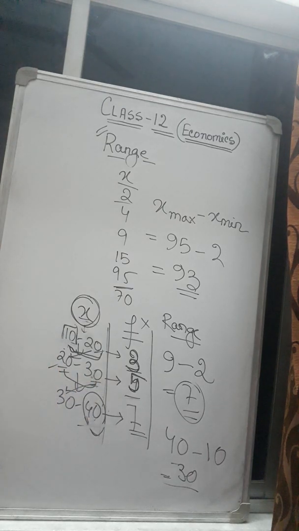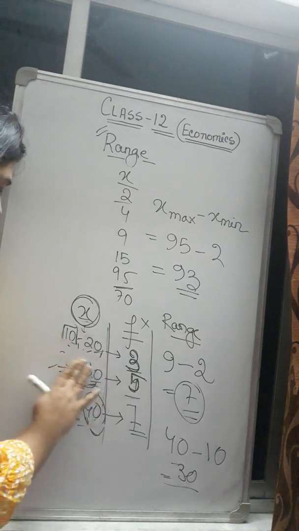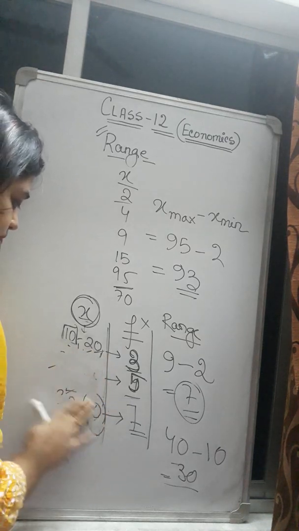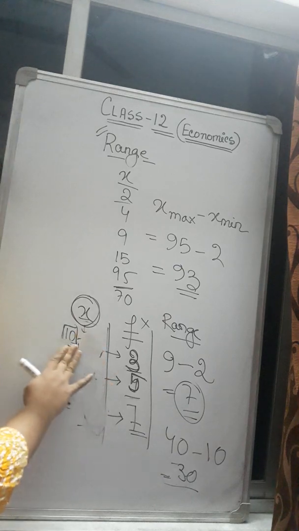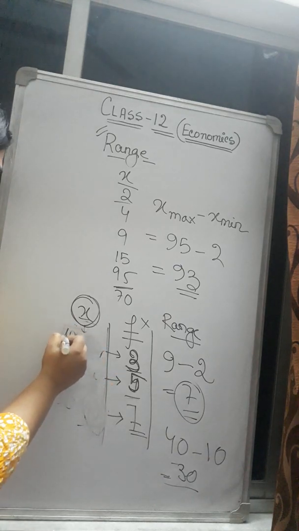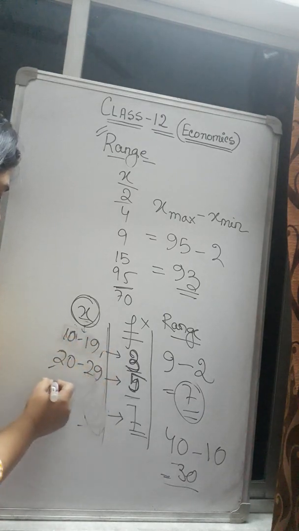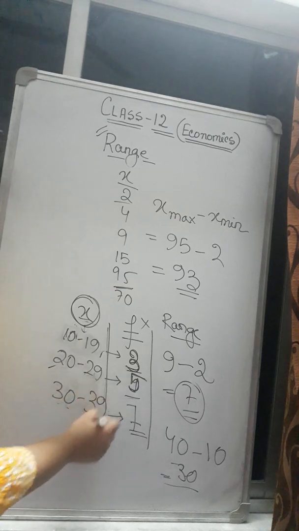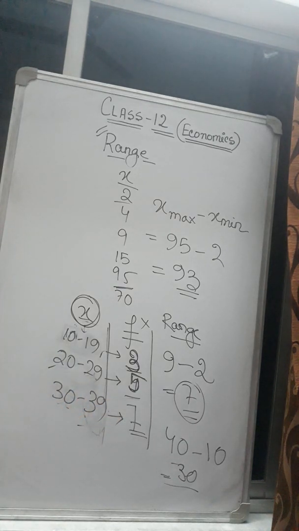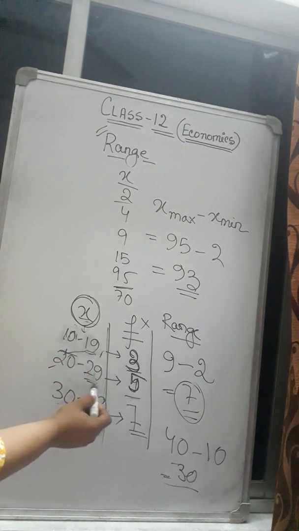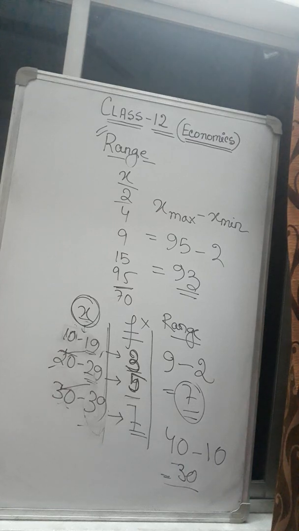But if it is given in this way, suppose 10 to 19, 20 to 29, 30 to 39. We call this open class interval. Open class interval means 10 to 19 is there, and then the upper limit of this class is not matching with the lower limit of the next class. So these are known as open class intervals.